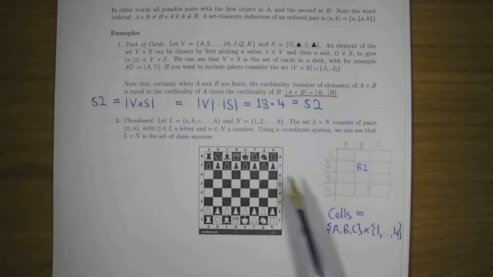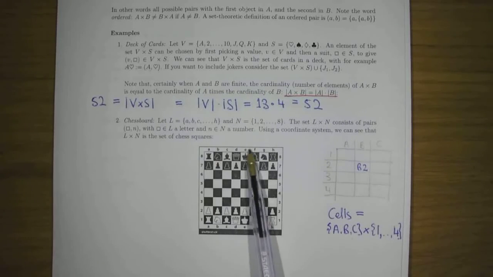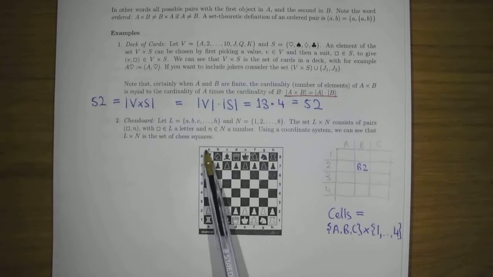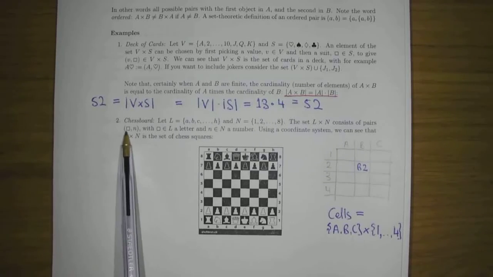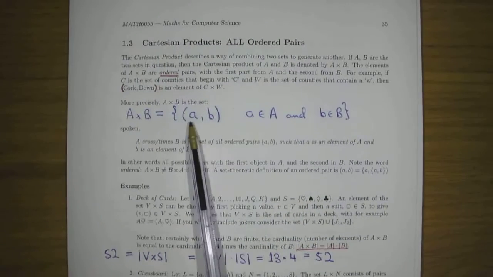So that is in a similar way to this. So L is the letters A, B, C, D up to H, and N is numbers 1 to 8. In this sense, the set L Cartesian product N consists of pairs letter, number. Using a coordinate system, you can see this is the set of chess squares. And this indeed is where you would have seen this notation before.